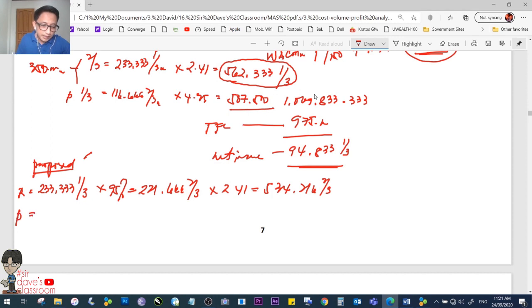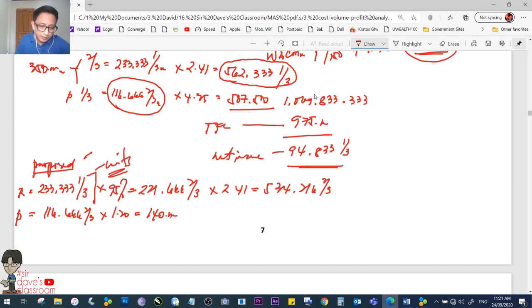Yung premium naman, 116,666 and 2/3 times, increase it by 20%, 1.20. So it becomes 140,000 units. Itong dalawang to kasi units to, alright? So units yung 140,000 times 4.35.